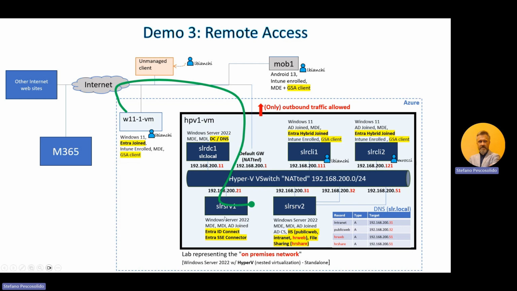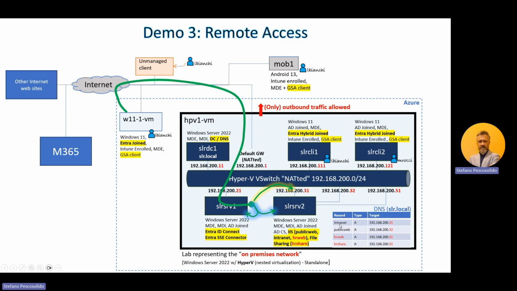Every time, of course, I connect through the Entra SSE connector, which is on that server. And from this one, for example, I can RDP to the same server or to another server. I can access the website and file share on the other server on this IP address.